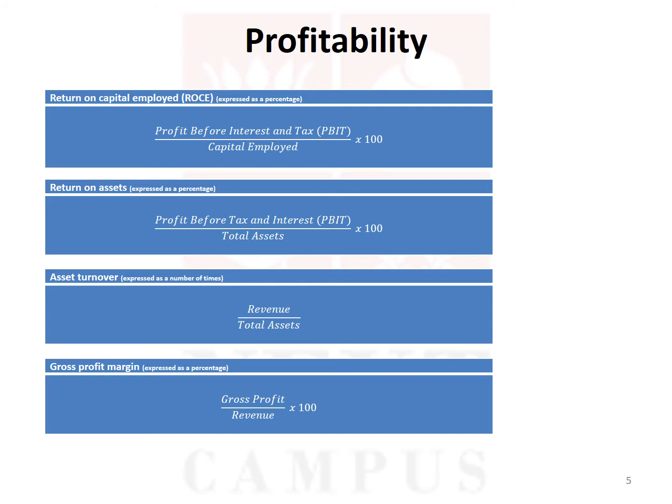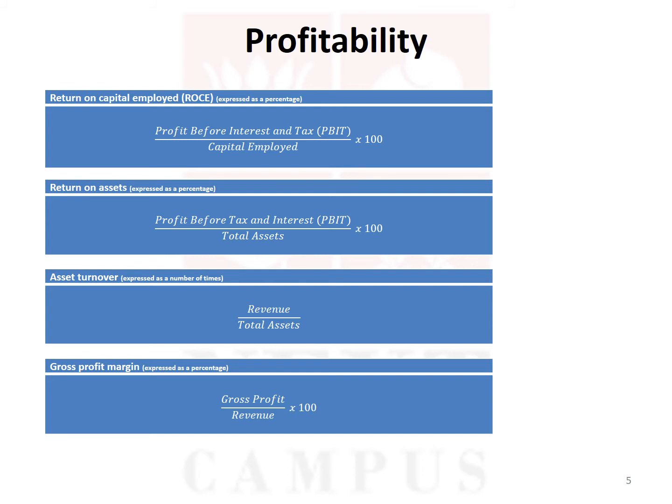First one, return on capital employed. We call it ROCE. This is expressed as a percentage. How to compute that? Return on capital employed means the profit, the return that is earned for the capital employed in the business.